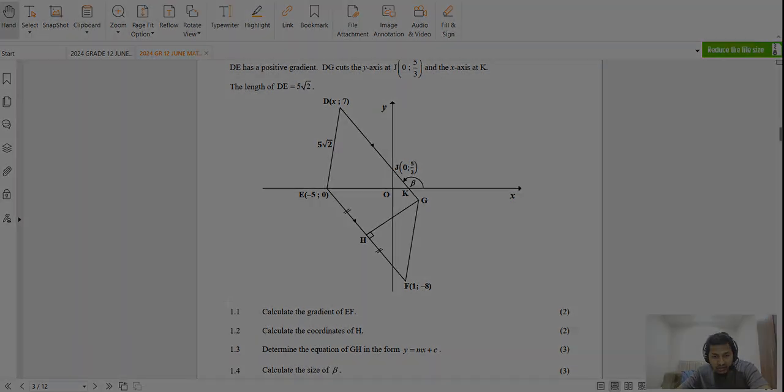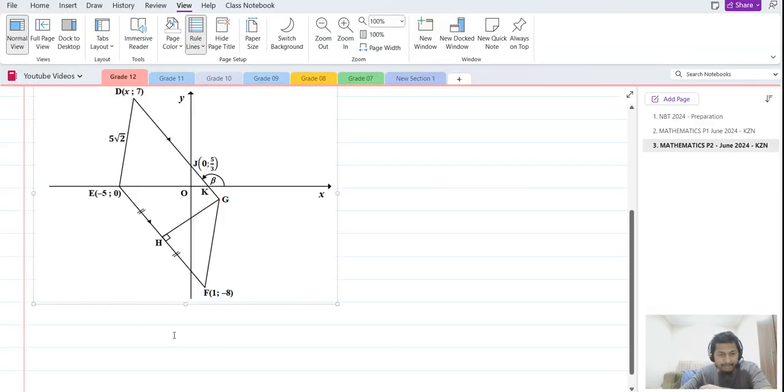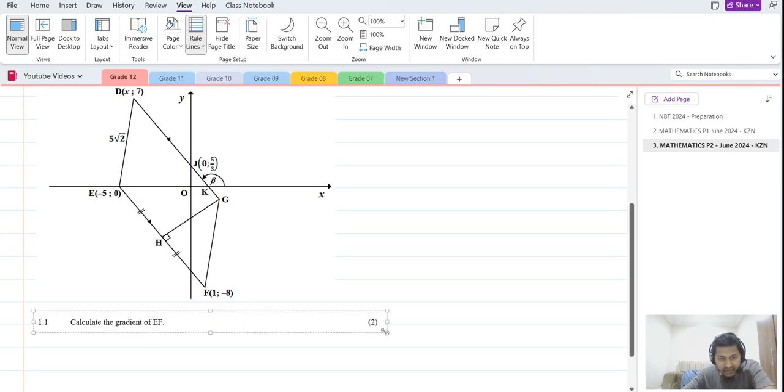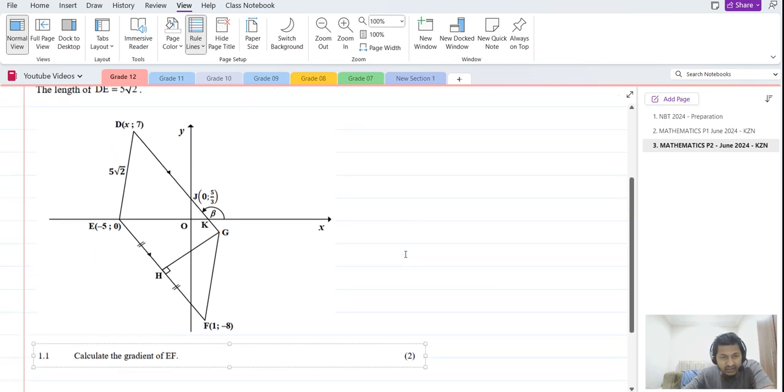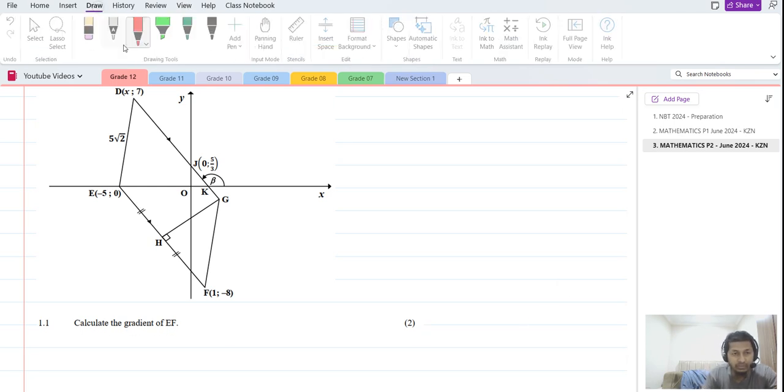Alright, so now question 1.1: we want to find the gradient of EF. It's quite simple, because we can use the gradient formula.